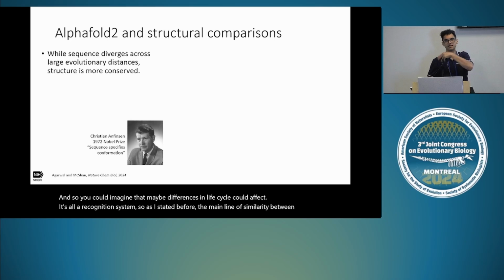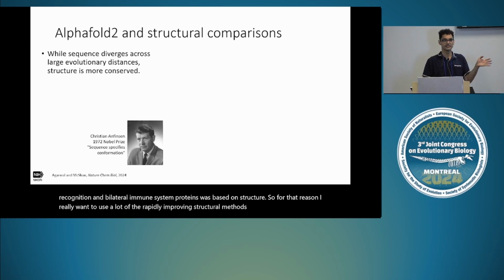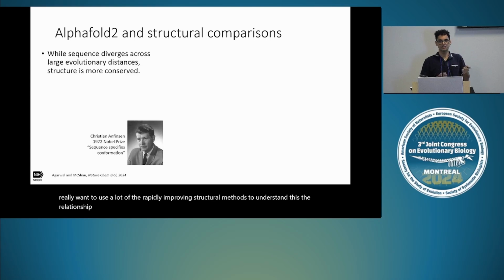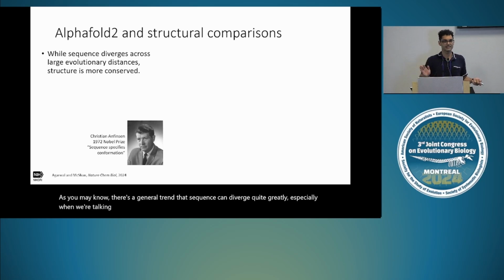As I stated before, the main line of similarity between allorecognition and bilaterian immune system proteins was based on structure. For that reason, I really want to use a lot of the rapidly improving structural methods to understand the relationship. As you may know, there's a general trend that sequence can diverge quite greatly, especially at these vast taxonomic distances, but often protein structure is more constrained.